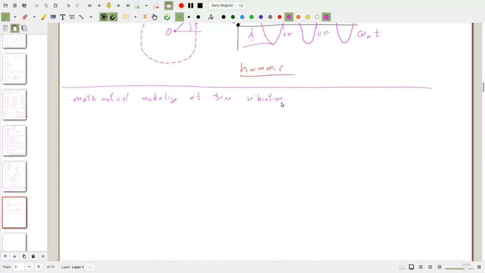So let's go ahead and just assume our system, right? X positive to the right, mass frictionless, spring constant K. Right? So what's this equation of motion?